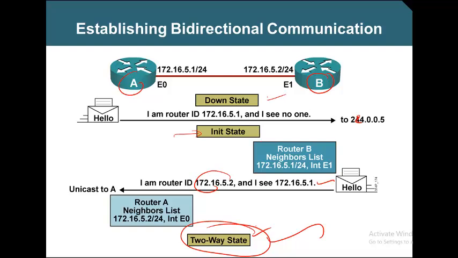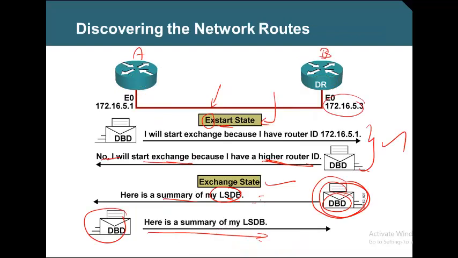Start state is the place where they decide who will start the exchange. They compare the router ID and one will say, I have the highest router ID, so let me start the exchange. The other one will agree. That is start state. Once they agree, they start exchanging the summary of LSDB called DBD.